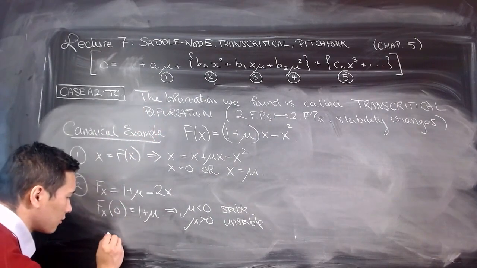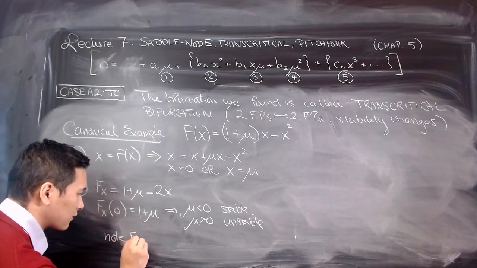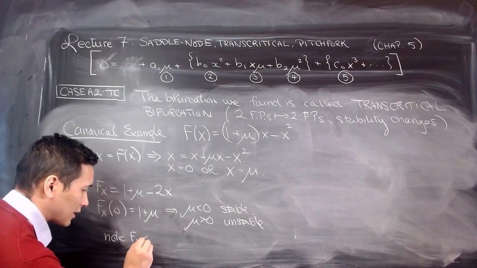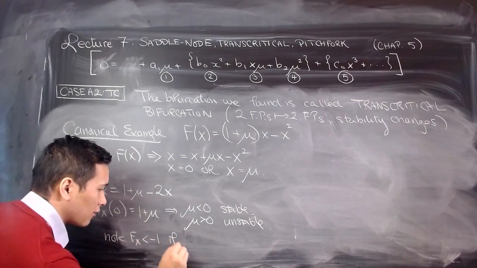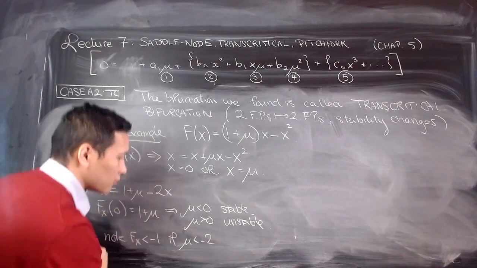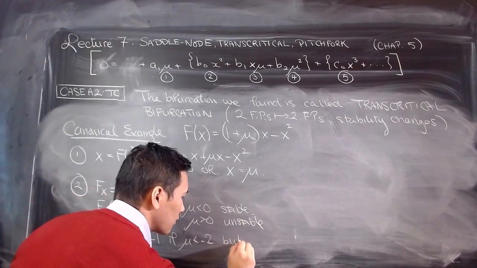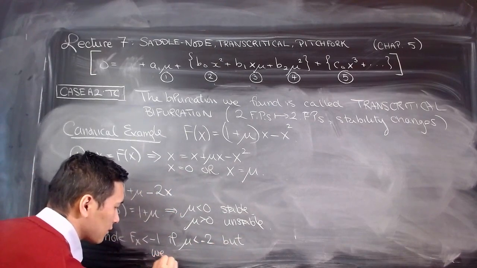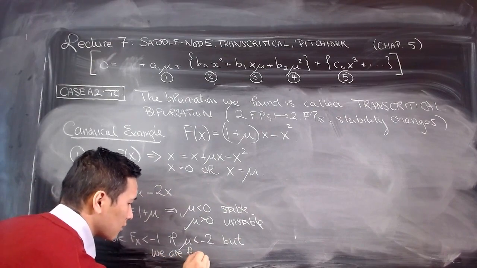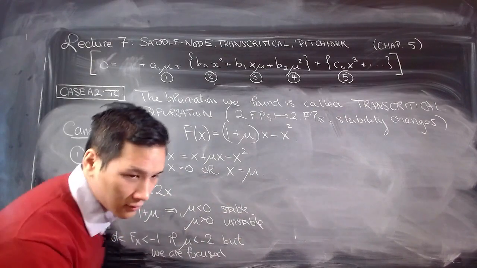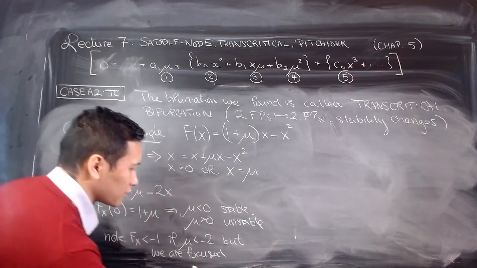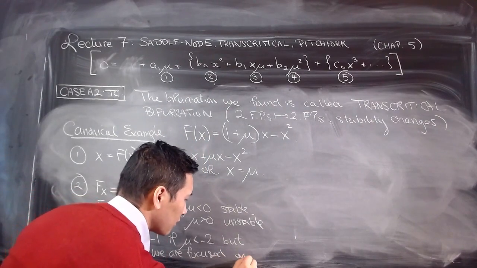So note f_x is actually less than minus 1 if mu is less than minus 2, but we are focused. Can you all see this? We're all focused on 0, 0.